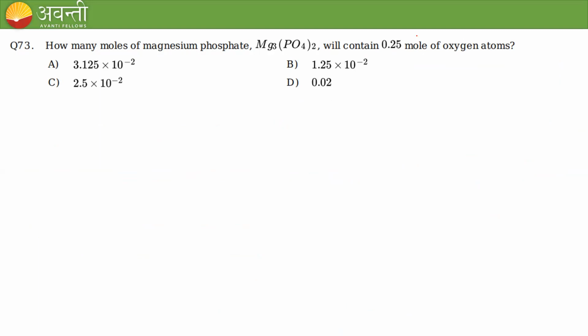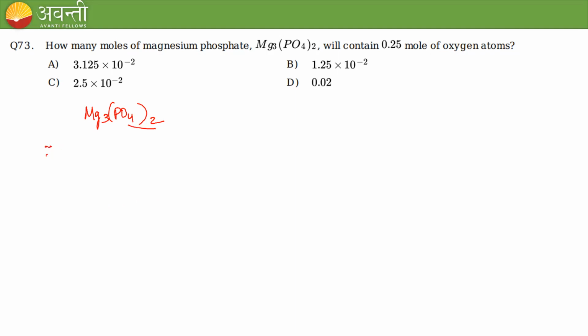Now coming to question number 73. How many moles of magnesium phosphate, Mg3(PO4)2, will contain 0.25 mole of oxygen atoms? So here we have to find out the number of moles again. The formula for magnesium phosphate is Mg3(PO4)2. So here 8 moles of oxygen atoms are present, since we have 4 into 2, right?